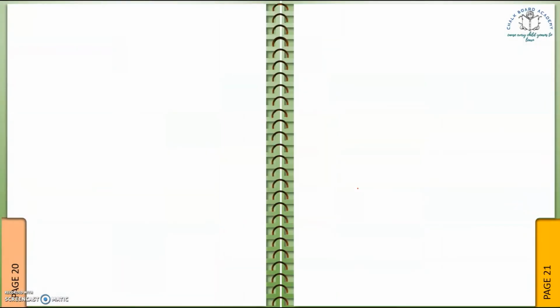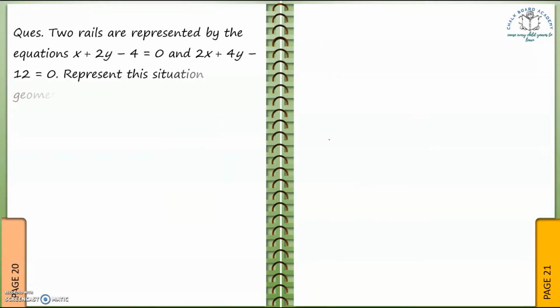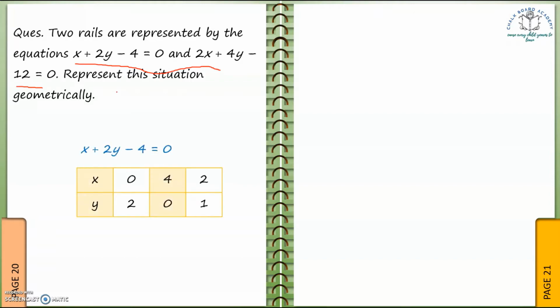Moving forward, let's look into another question. In this we are given these two equations and we have to draw the graph. Again, I will not be discussing how I have found the solutions. I am directly putting them in the box, what I have got here.